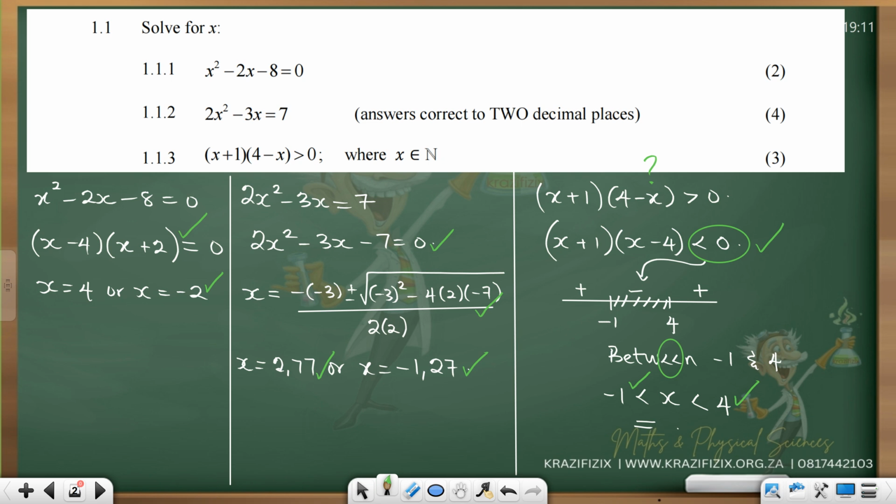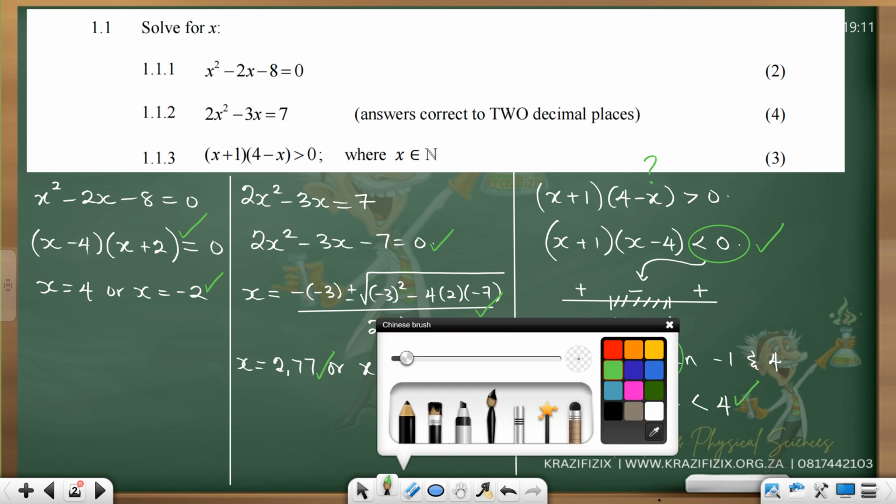Yes, Michelle? So for this 4 minus x bracket, I didn't flip it in any way. I just removed the bracket how we would normally do, and then I just moved x over the equal sign. What did you do? So I said 4 minus x.